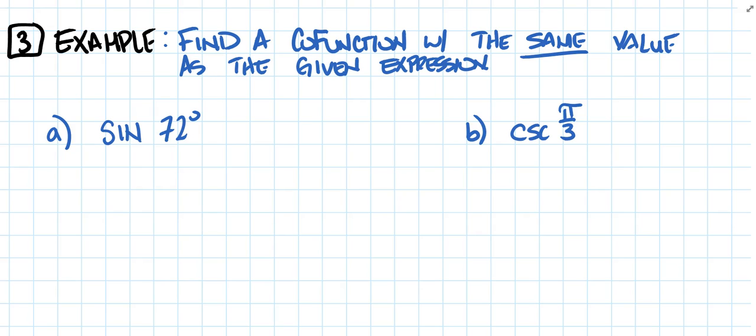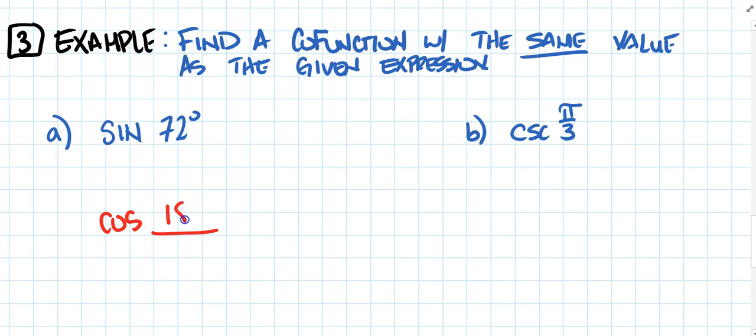Okay, box 3, let's do 2 examples together. It says find a co-function with the same value as the given expression. So the sine of 72 degrees. The first thing you have to realize is that the sine's cofunction is going to be the cosine. So the sine of 72 is going to be the same thing as the cosine of what? You have to ask yourself, 72 plus what gets me 90? 72 and 18.